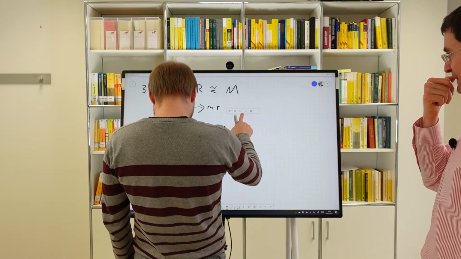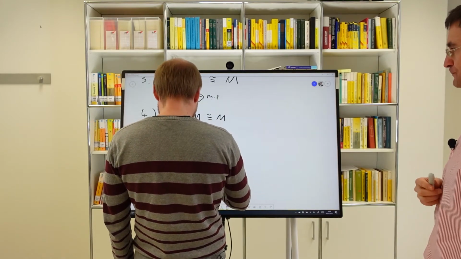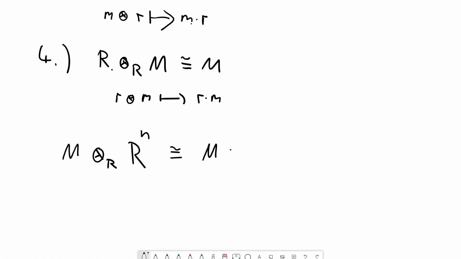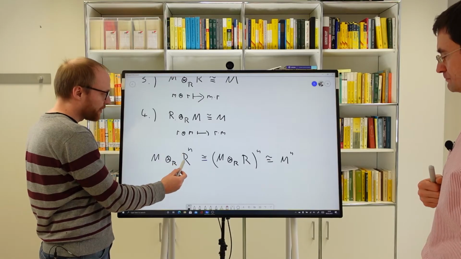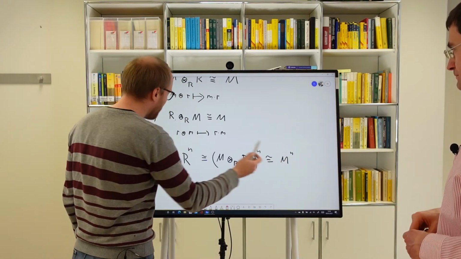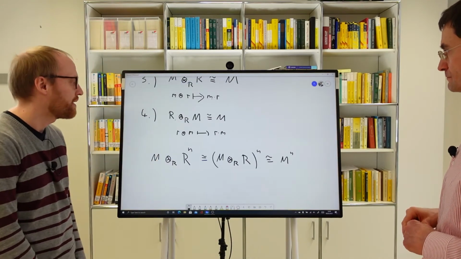Therefore, this is isomorphic to the direct sum of n copies of M tensor R. But now we use property 3 and see that this is actually isomorphic to M^n. So whenever you form the tensor product over R with a free R module of rank n, you just get n copies of the module which is on the other side of the tensor product.